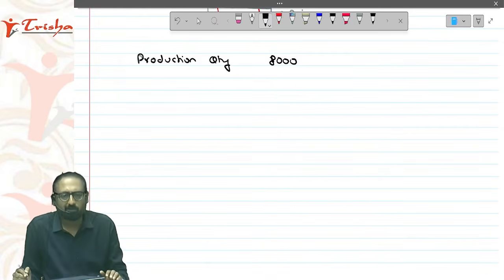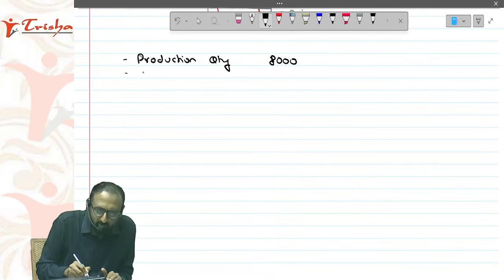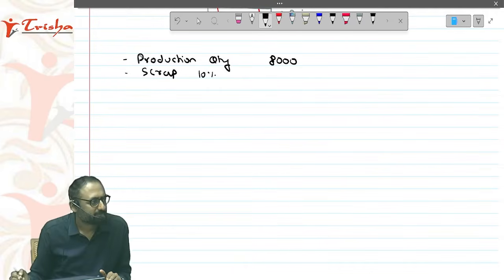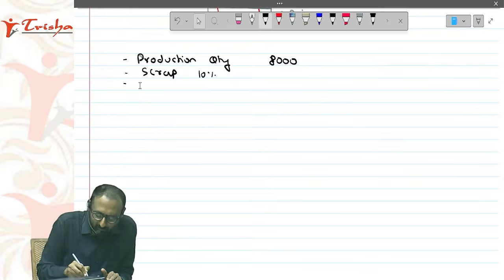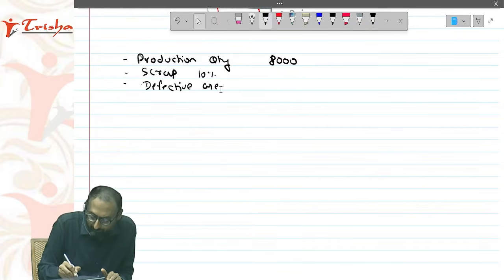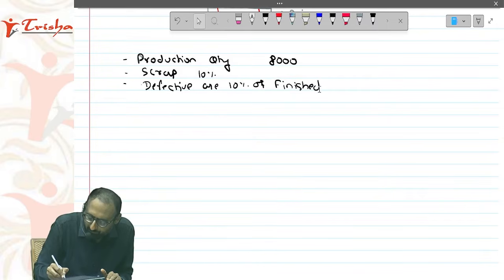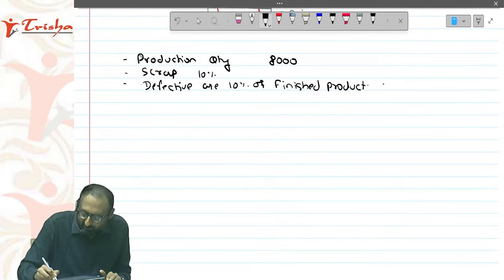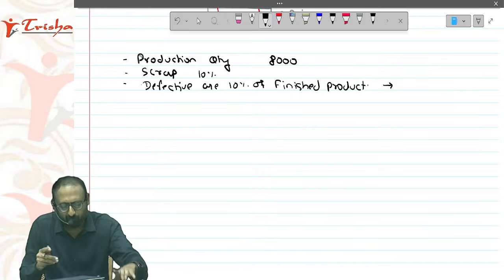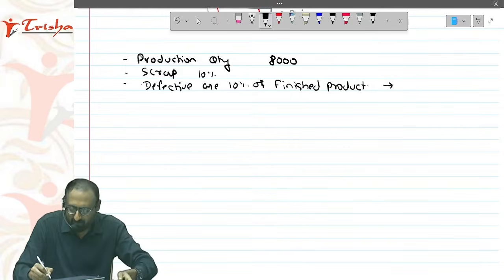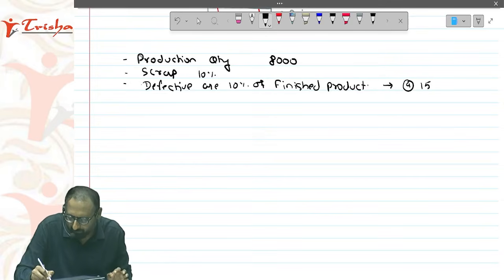How much is the production quantity written? During the production, scrap happens. Scrap is 10%. And defective units are 10% of finished product, for which rectification cost is incurred, say for example 15 rupees.